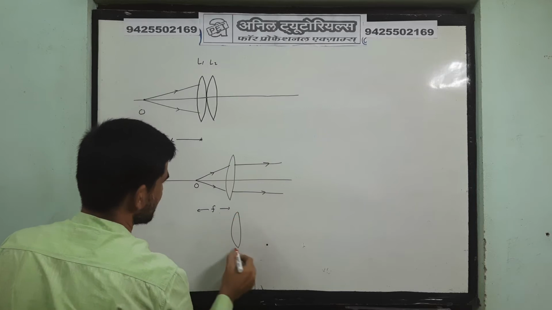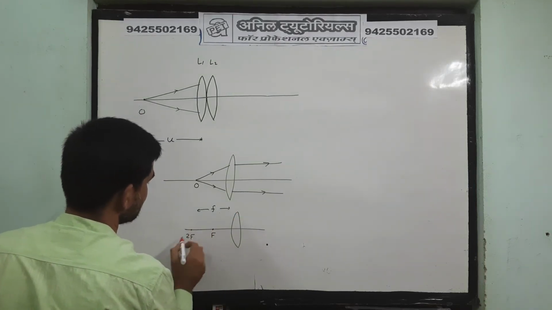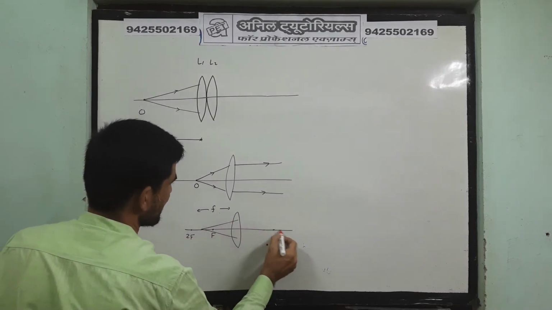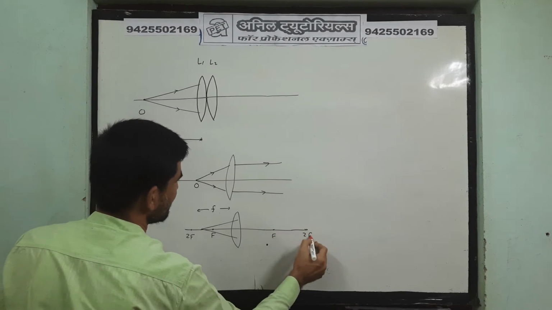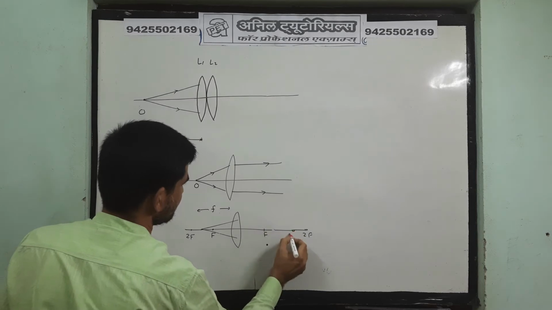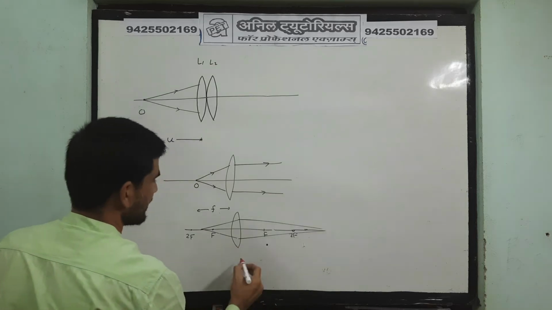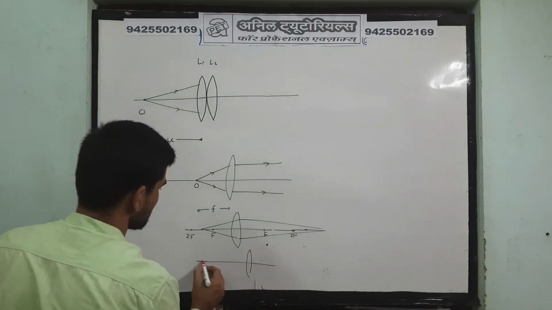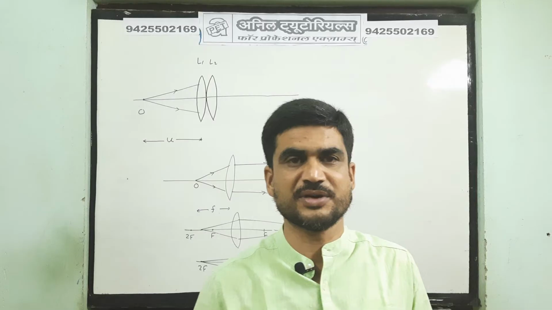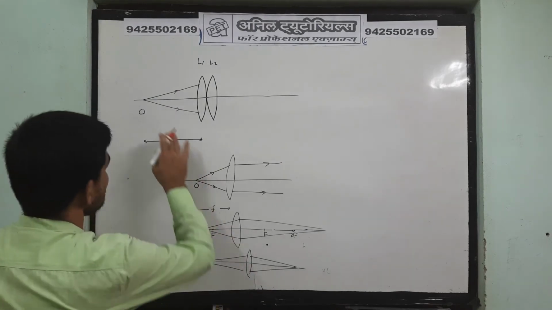If the object is between F and 2F, they will focus between 2F and infinity. If the rays are coming from 2F, they will focus at 2F only. Like this it will be easy to draw. Clear? So here we will use this concept.